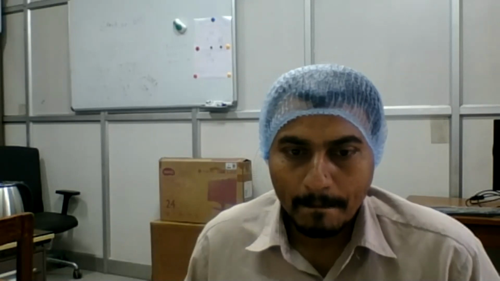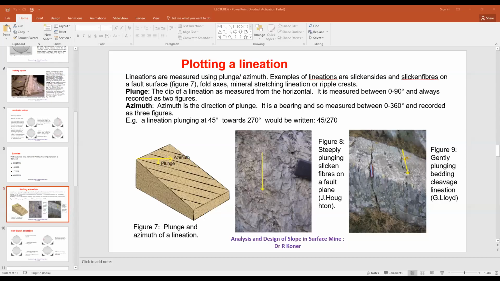So let me start from the last class we have left, plotting the lineations. In last class, we have plotted the plane on a stereonet.